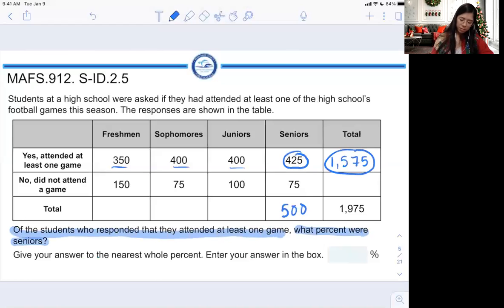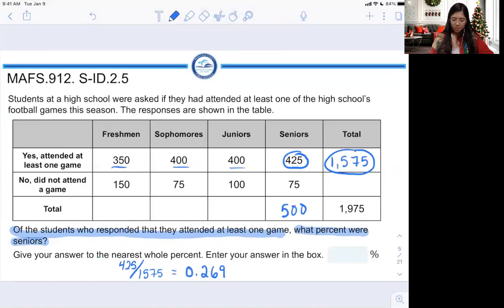Good. Those are our two numbers we look for. You have to make sure you're picking the right numbers. Now we divide, same as we did before. This is 425 out of 1,575. What's 425 divided by 1,575? It is 0.269841269. You get the point.